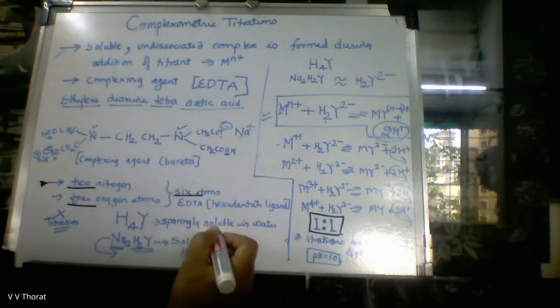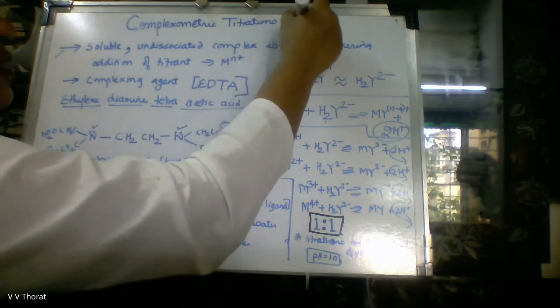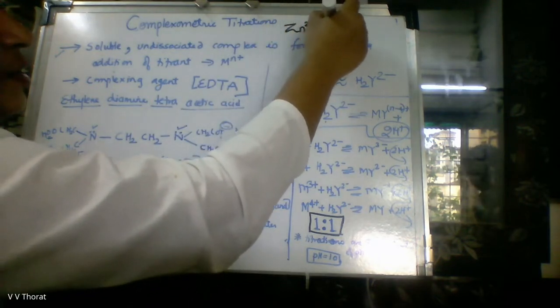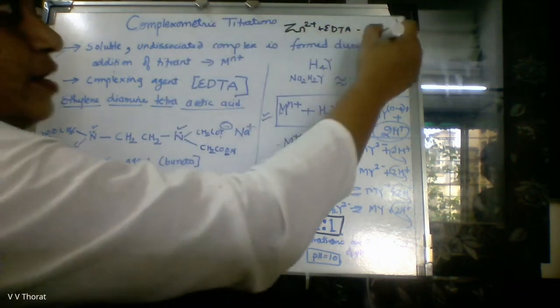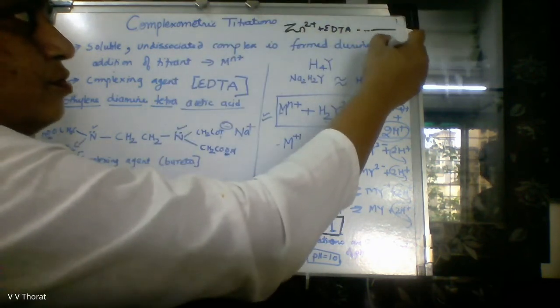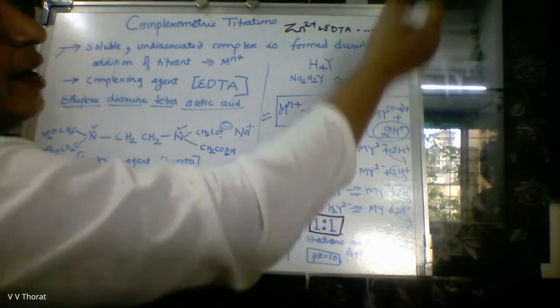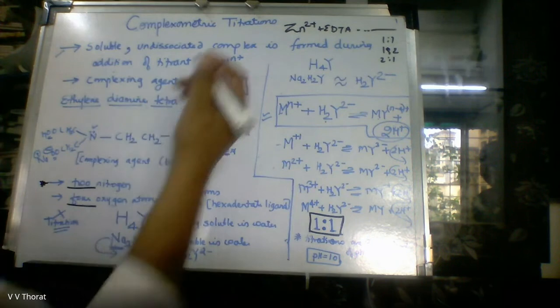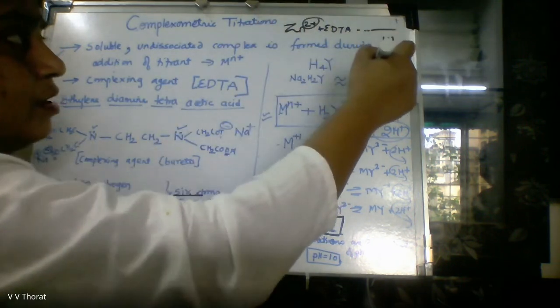So in one paper I will ask it reacts in 1:1. Second I will ask Zn plus 2 will react with EDTA in the ratio of dash. I will write 1:1, 1:2, 2:1, or I may write any ratio. What happens, students get 2 plus देके they are confused, 1:2 है कि 2:1 है.